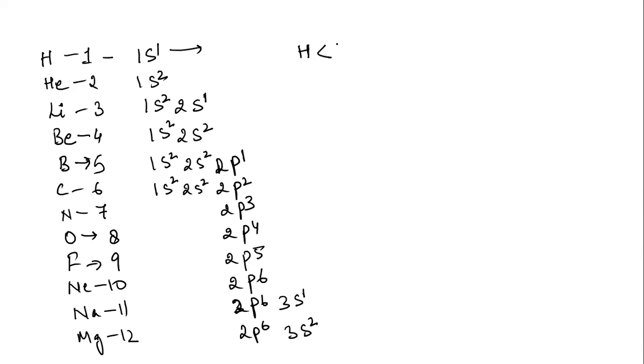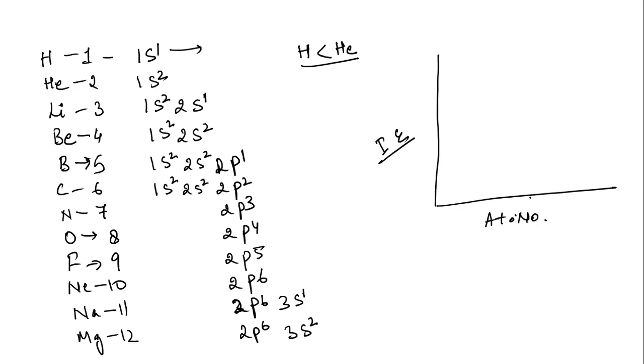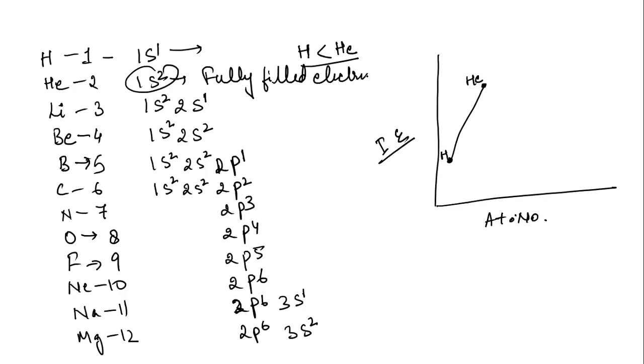Now if you look at the ionization energy, hydrogen is fine. Then the ionization energy of helium will be higher. If this axis is ionization energy and this one is the atomic number, suppose this is the ionization energy of hydrogen, helium will be more because helium has a fully filled electronic configuration.